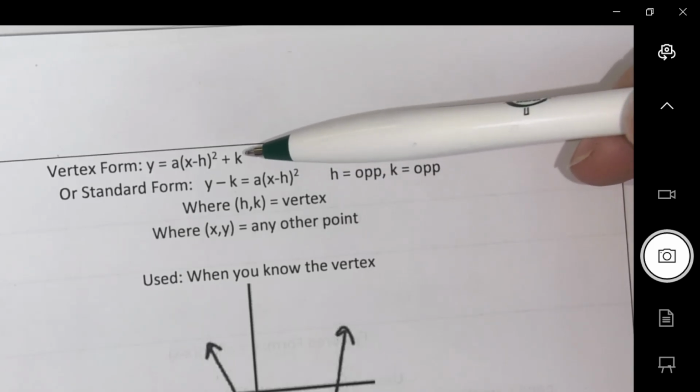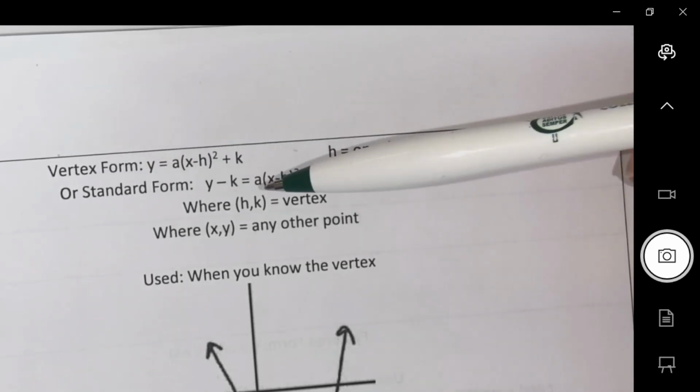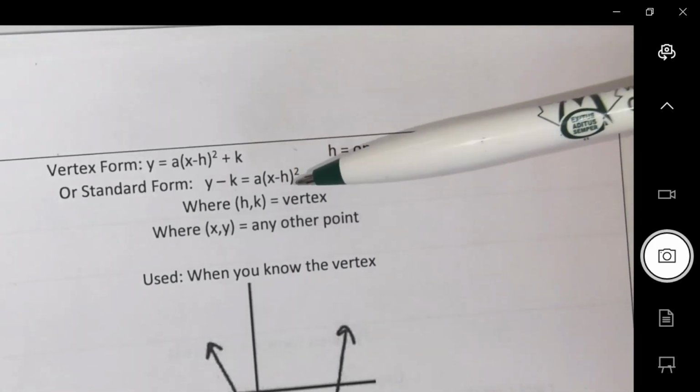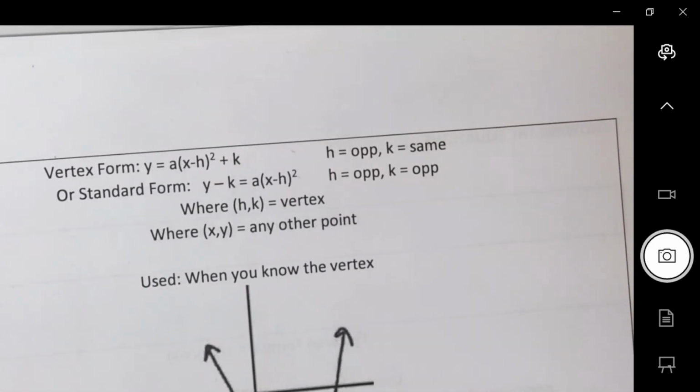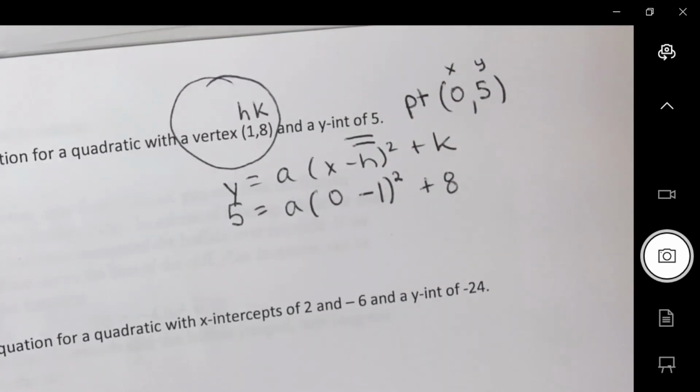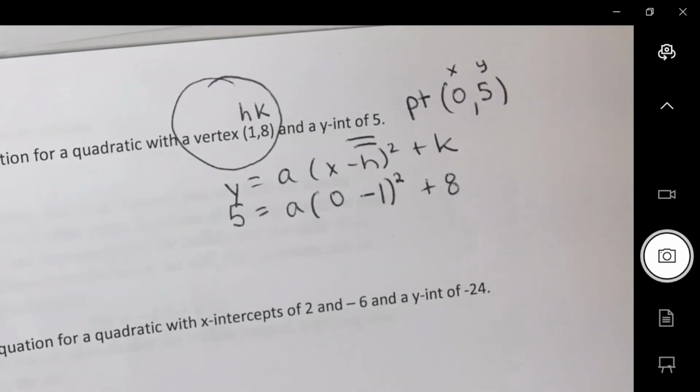It's just that here I already moved the k over. If you like to use this, the k is already onto that side, because right now I'm going to have to do that algebraically anyway. So if anybody likes to use that one, that's fine as well.